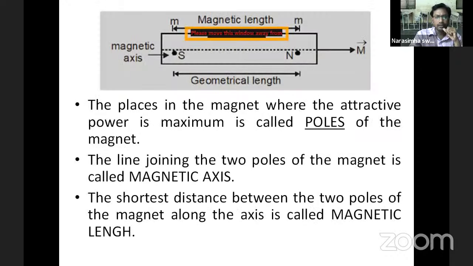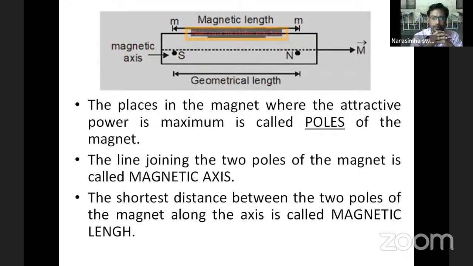And here come the specifications of a magnet, the terms that should be known. The first point is that in the magnet there are two poles, that is the north pole and the south pole. Poles are the places where more attractive power is present.